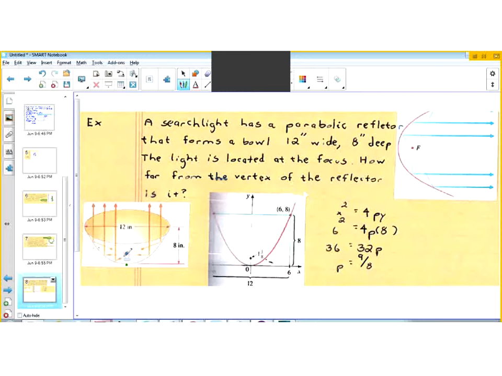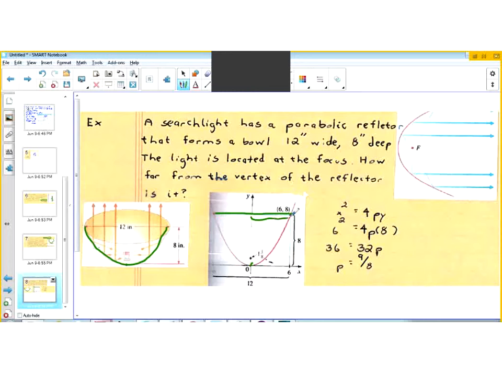In order to do this, you take a cross-section of the parabolic reflector, which is a parabola. If it's 12 inches across, then by symmetry we know this distance is 12, and we place the vertex of the parabola at the origin, like so.